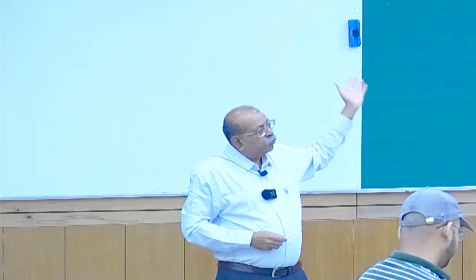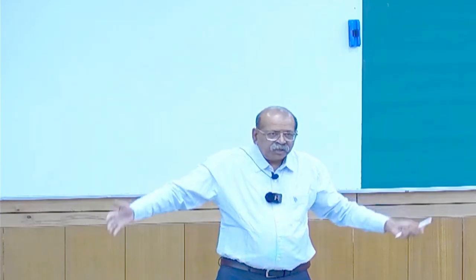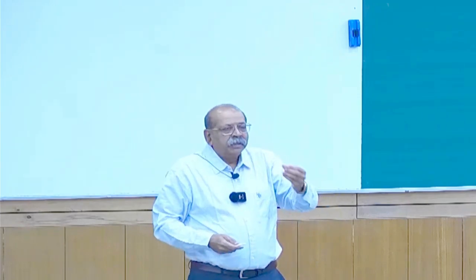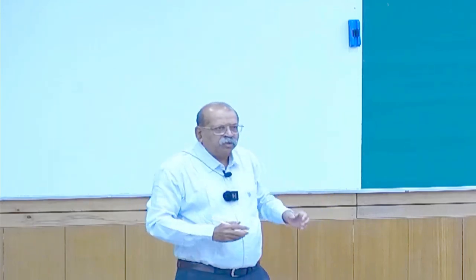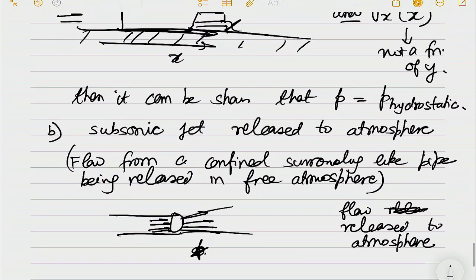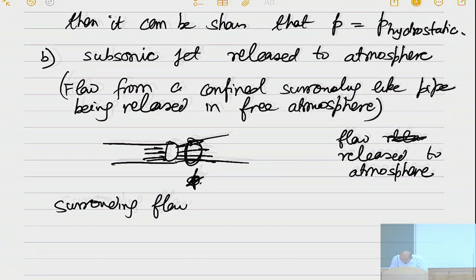It could be flow of a liquid, it could be a gas, it could be air itself being pumped out from some hole, let's say a vent of an AC, just coming out to the atmosphere. So now here what happens is, this is the flow which is coming out. Now all around the flow, pressure is equal to P atmosphere.